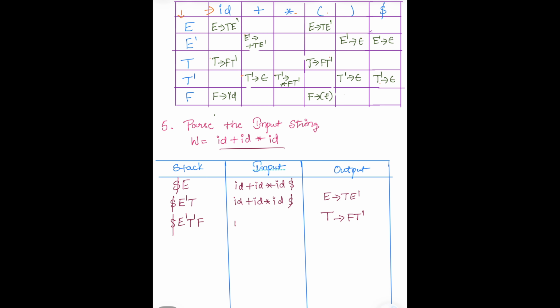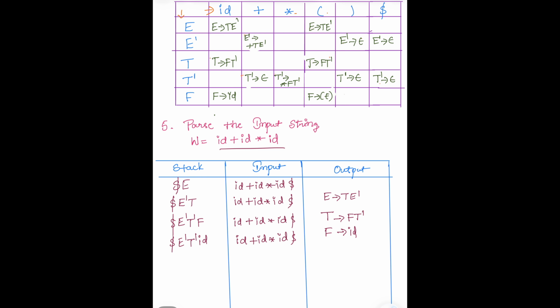The top of the stack is F and the input is ID, so we replace F with ID using the rule F produces ID. So next, dollar E prime T prime ID. The input is ID plus ID star ID dollar.